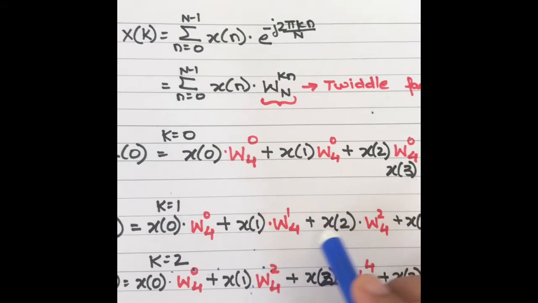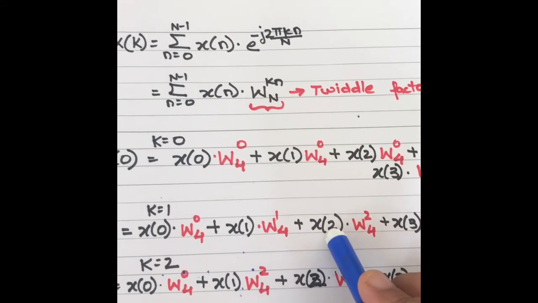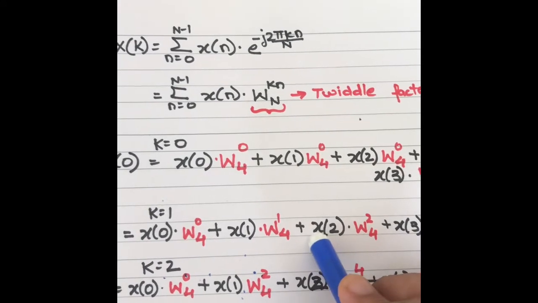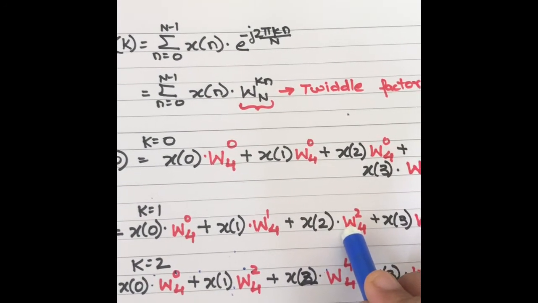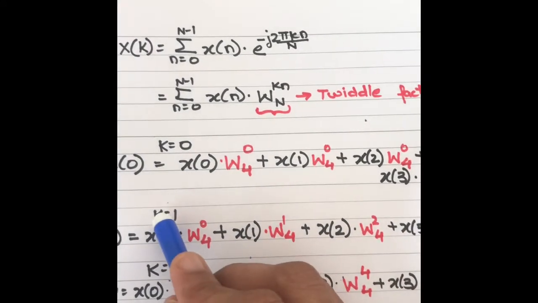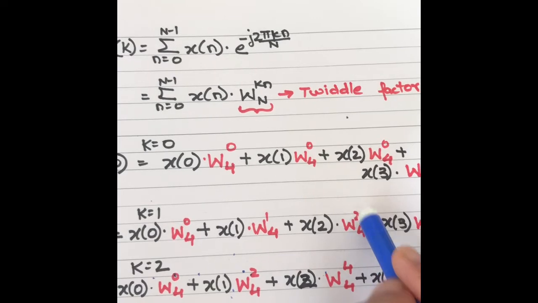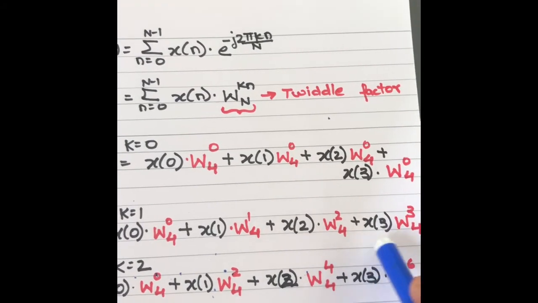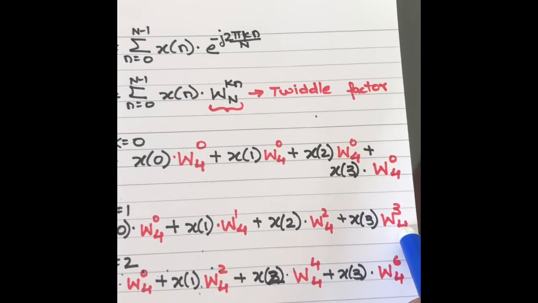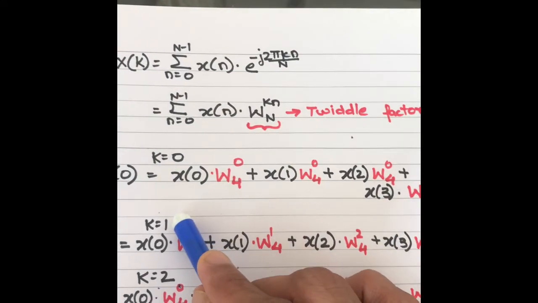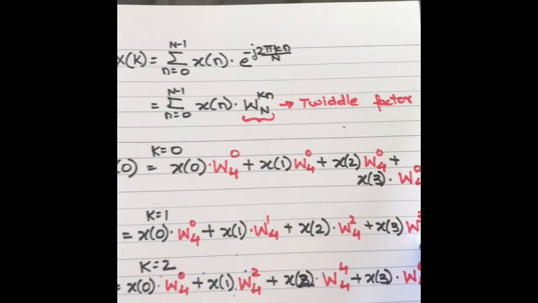So W14, now here for n is equal to 2, x of 2, this is the time domain sample, x of 2 into W, n value is 2, k value is 1, so the product becomes 2 by the base 4, plus x of 3 into W34. K is 1, n is 3, so W34.